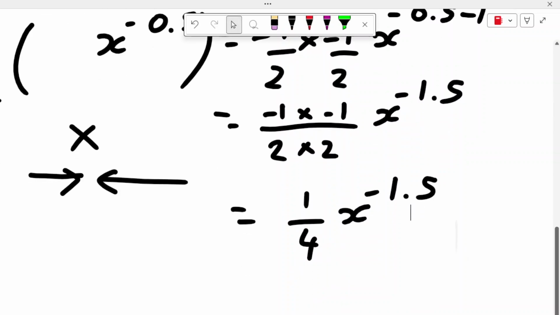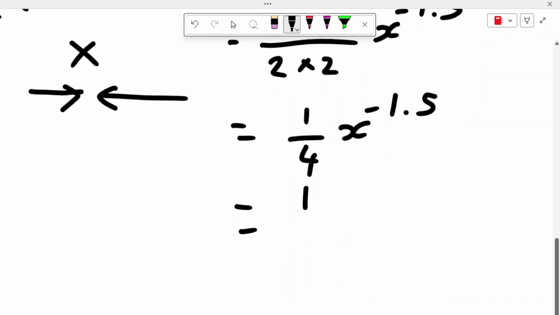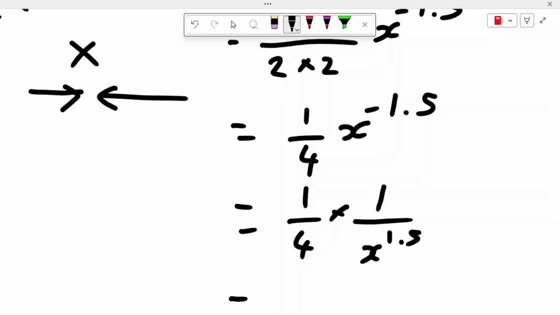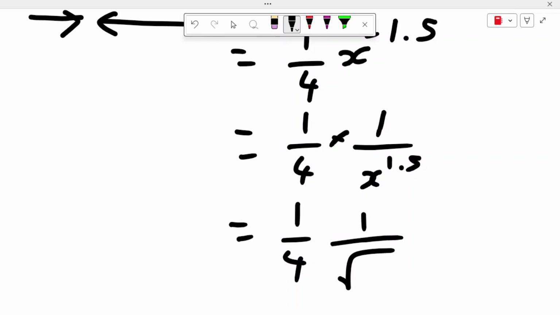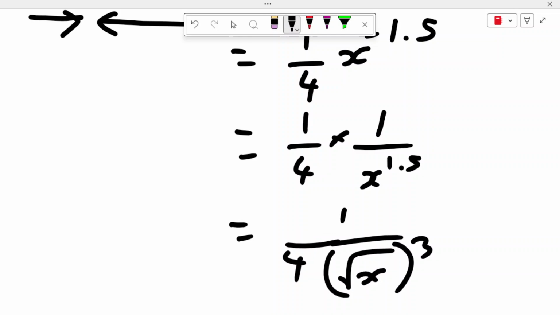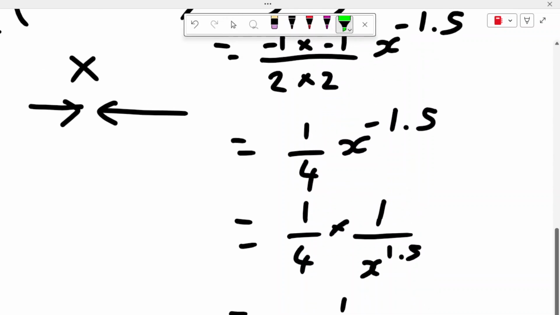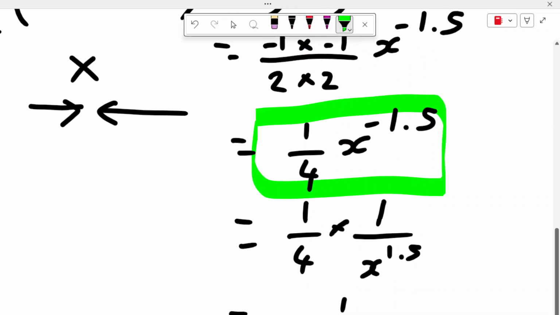If you want to get all fancy and funky, you can move it down to the bottom and simplify it as so, but I don't think there's a real need to do that. It's not really needed in this question. That just makes it almost more complicated, doesn't it? But yeah, I guess this one at the top in green is your final answer.